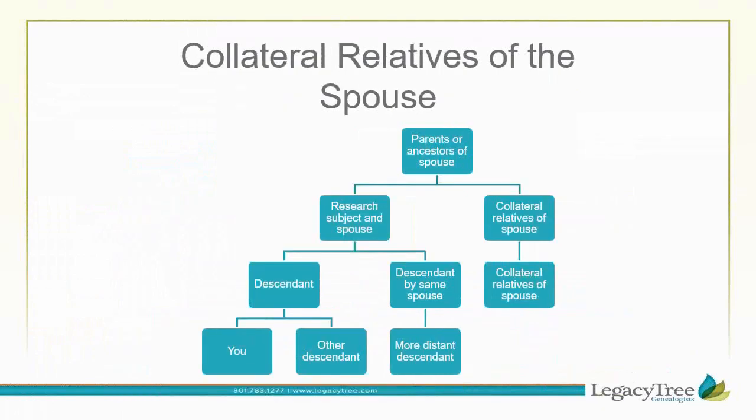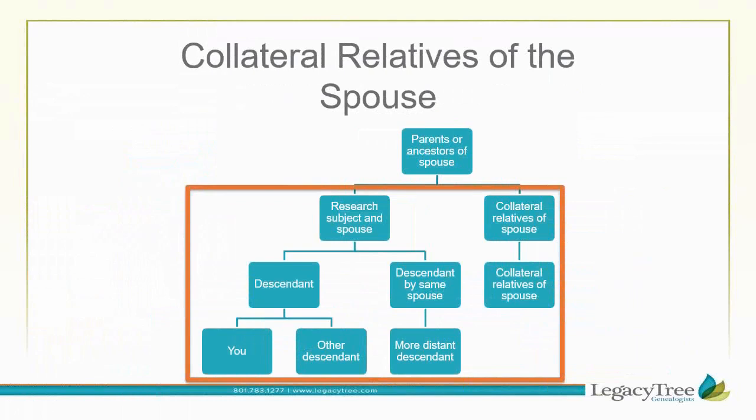And that brings us to another point here in that shared matches with independent descendants of the research subject may not necessarily be related through the research subject's ancestry, but could be related through the spouse of the research subject. So in this case, we have Peter Arthur Rank and Anne Lemon.